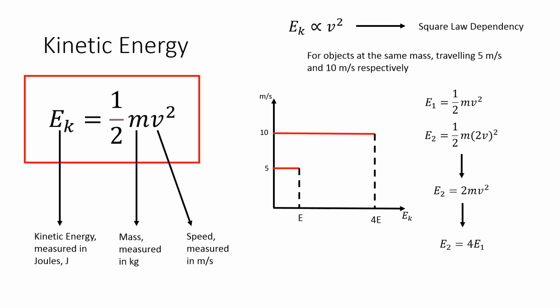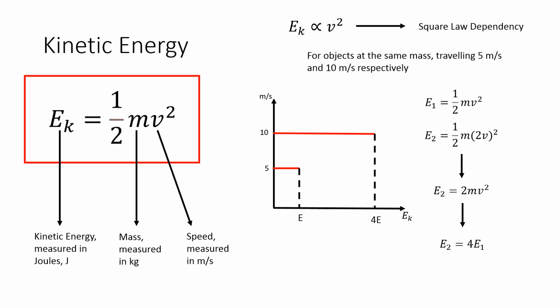Now E2, which is going to be the symbol for the object travelling at 10 meters per second, we're writing the speed here as 2v, as it's twice the speed of the previous object. Now when this is squared, we pull out 4v squared.